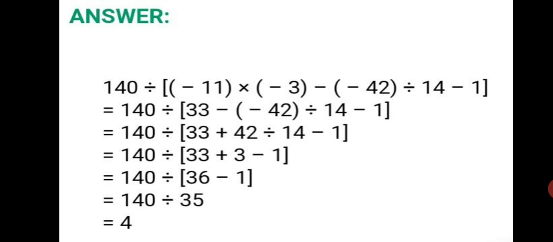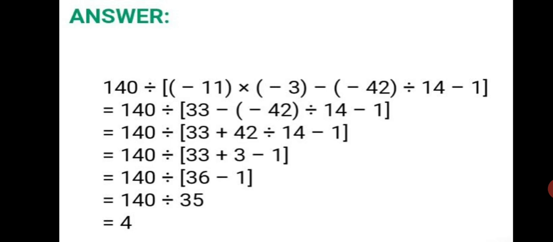So 33 plus 3 minus 1 comes inside the square bracket. Fourth step, 140 divided by, now inside the bracket we have plus and minus. When addition and subtraction are left, we solve in the order in which they appear. Now addition appears first, so we will add first. 33 plus 3 is 36. 36 minus 1 is left.